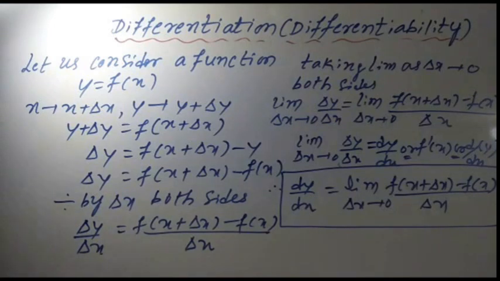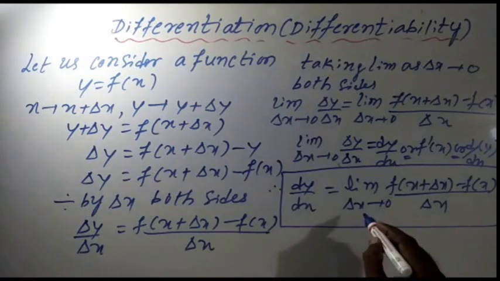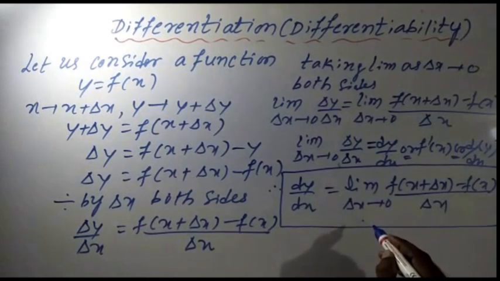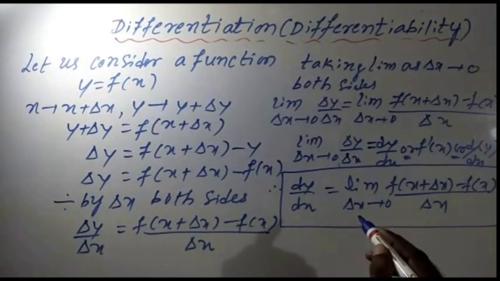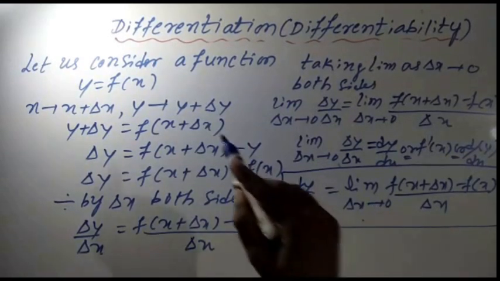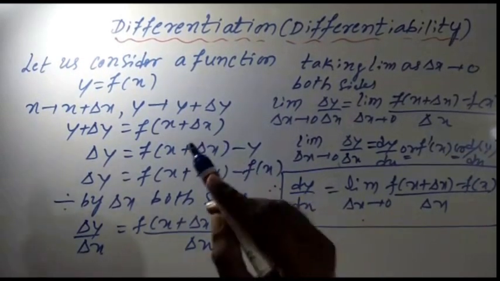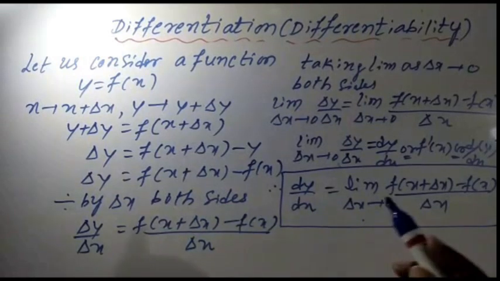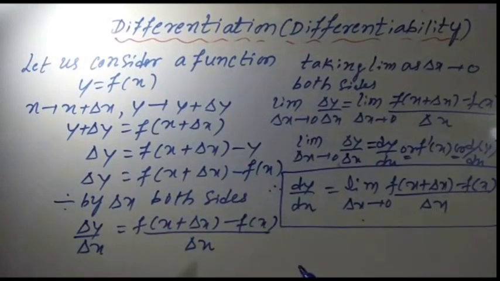The process of finding the derivative of the function y is equal to f of x with respect to x using this formula is known as finding the derivative of the function y is equal to f of x with respect to x from first principle.